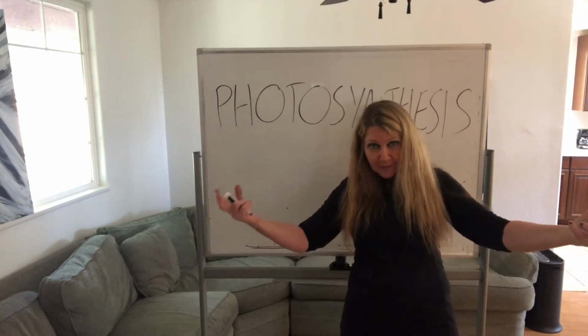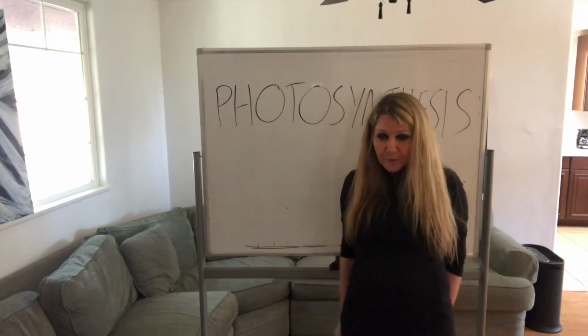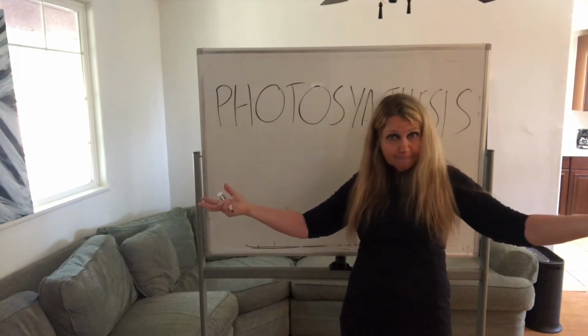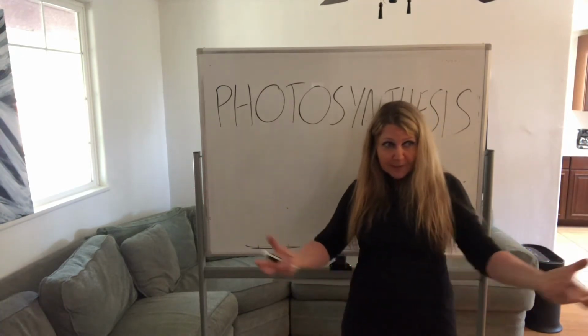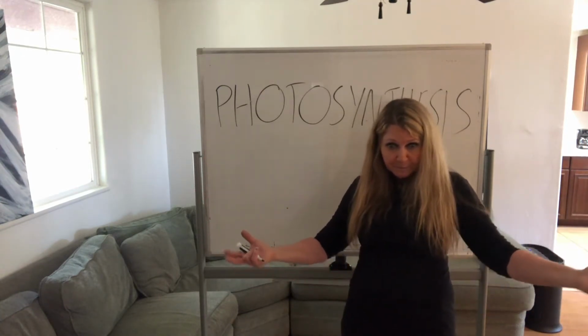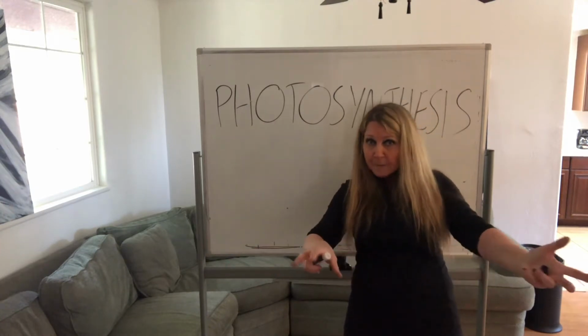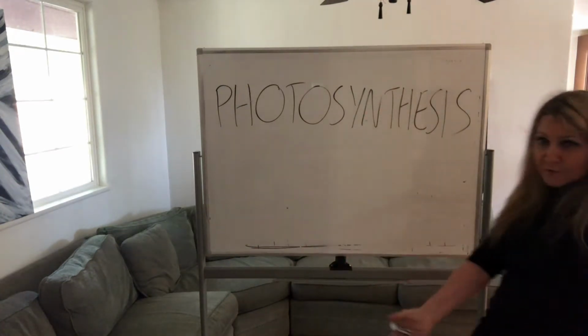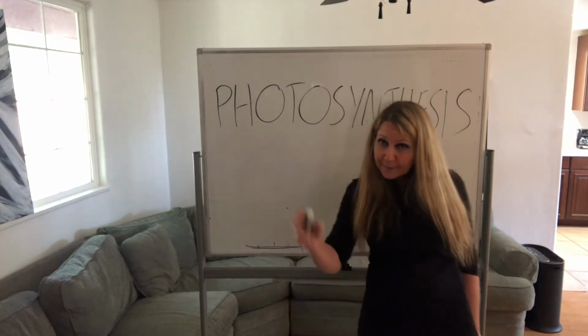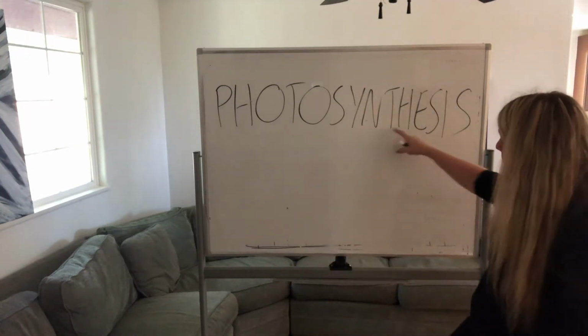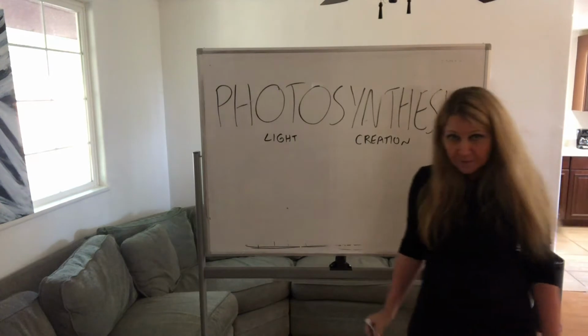Graphy means write. When you create pictures, you're using light, because without any light the picture would not be there. It'd be just black. We have to use flash in the dark. It gives it that light. Synthesis means making something.